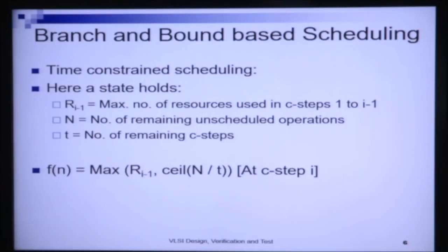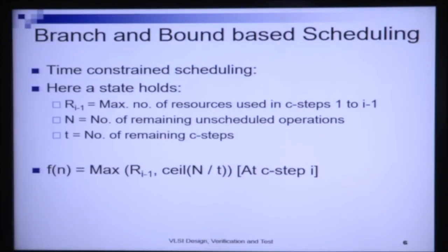If the current best solution tells me that it can schedule with a lower number of resources within the time bound than the lower bound that is produced at this state. So at this state, Fn gives me a lower bound of the number of resources that I will require at any time step.